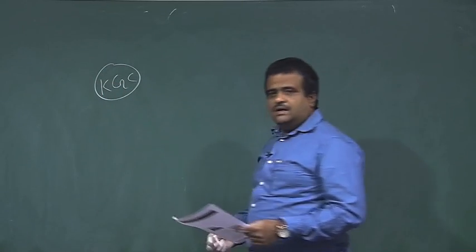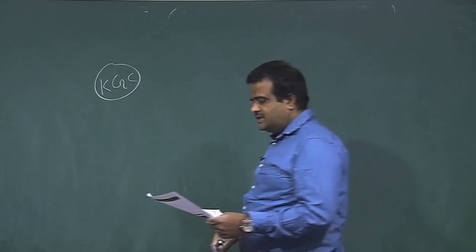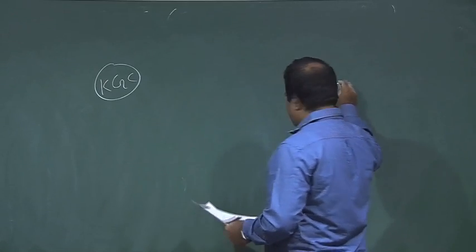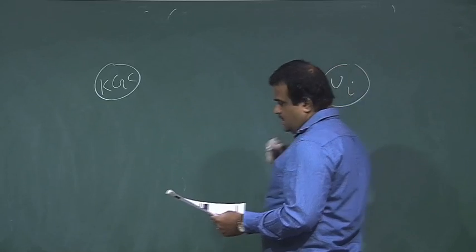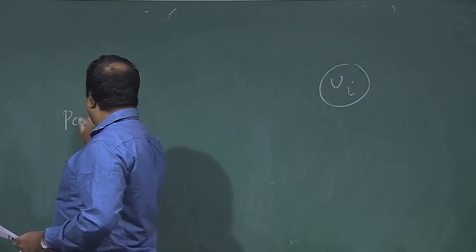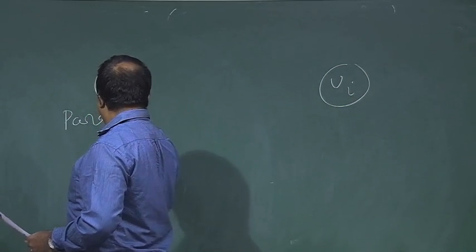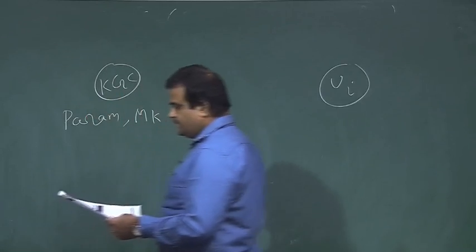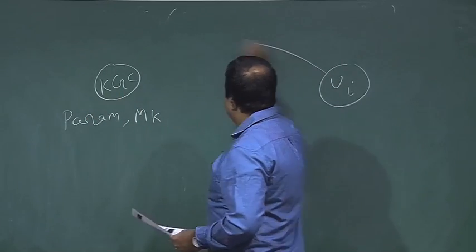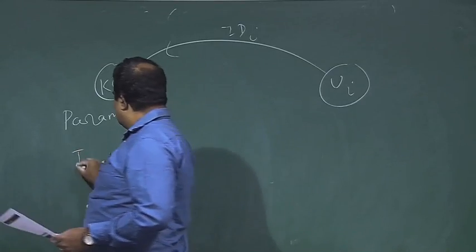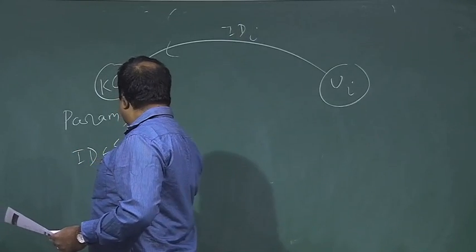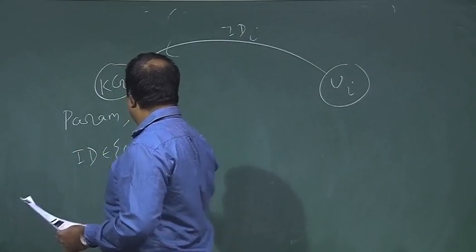Public key, this is the key generation center, and we have users over here, Ui. It has the param and the master key. Now, it sends the ID. So, ID must be a 0 1 string.